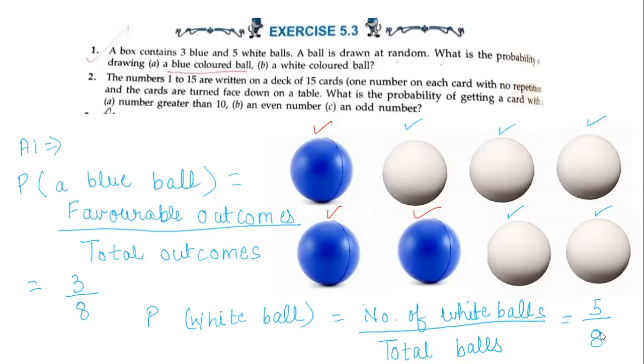So 5 by 8 is the probability of getting a white ball.